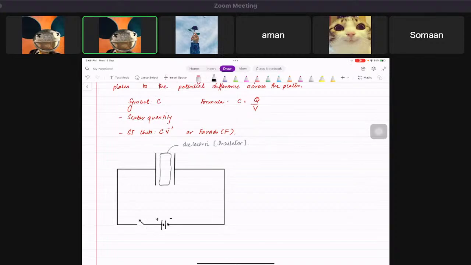Now, when the switch is open, like you see right now, remember writing a note here that there are equal numbers of positive and negative charges on each plate.